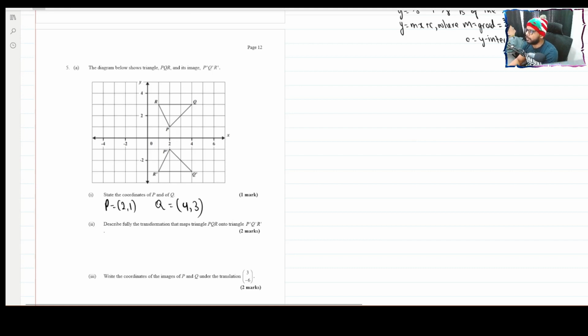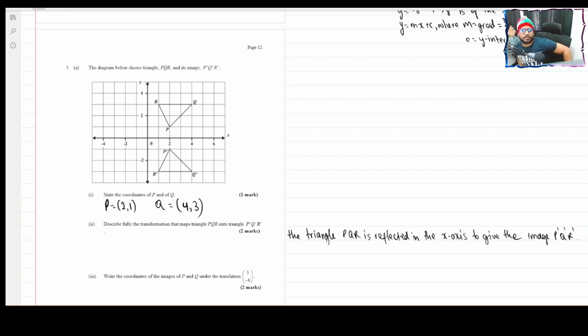Describe fully the transformation that maps the triangle PQR onto the triangle P prime, Q prime, R prime. Well, the transformation looks like it is a simple reflection. But you can't just say it's a reflection. They want you to describe the reflection completely. So the triangle PQR is reflected in the x-axis to give the image P prime, Q prime, R prime.